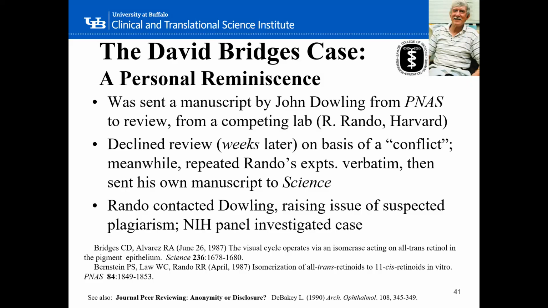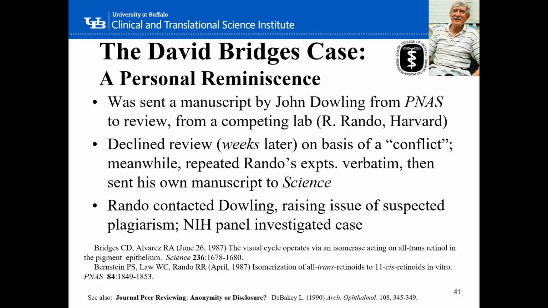Rando turned out to be one of the reviewers that was sent David Bridges' paper that was under review at Science. And so Dr. Rando reached out to Dr. Dowling, raised an issue of suspected plagiarism, and NIH impaneled an investigative team.